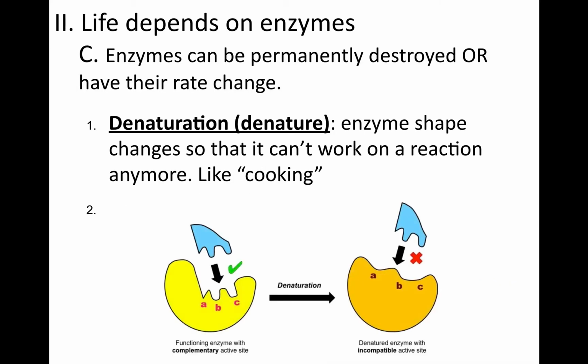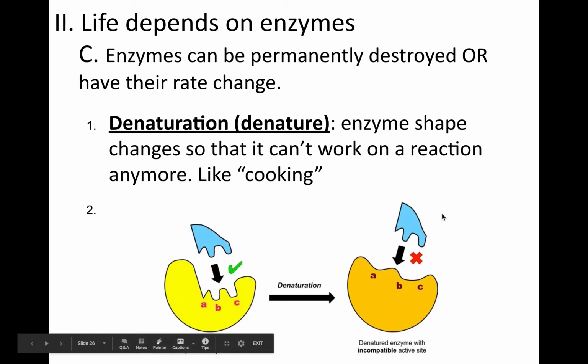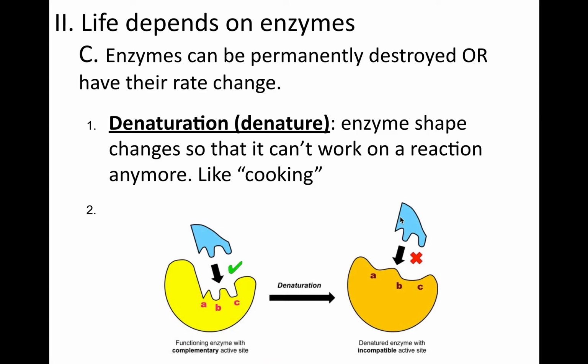Okay? So the term referred to when our enzyme's shape gets lost so it can no longer work on the reaction is called denaturation. Okay, so our enzymes can either be permanently destroyed or their rate may change if the environmental conditions are not ideal. Meaning if homeostasis isn't perfect, our enzymes slow down, and if the conditions get really extreme, they basically die.